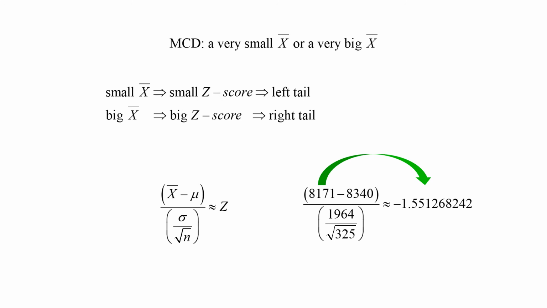Small z-scores are in the left tail of the z-graph. We'd also be convinced if X bar was too big, which means we'd have big z-scores, so our z-score could be in the far right tail. Combine those two possibilities together, and that means we have a two-tailed test. We would be convinced that the alternative hypothesis is true if our z-score went too far in either of the tails of the z-graph.